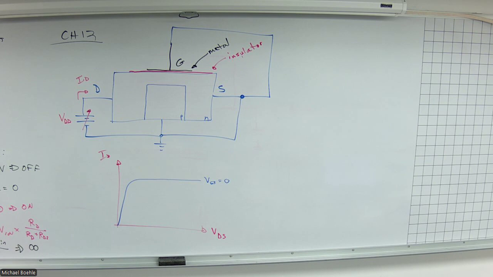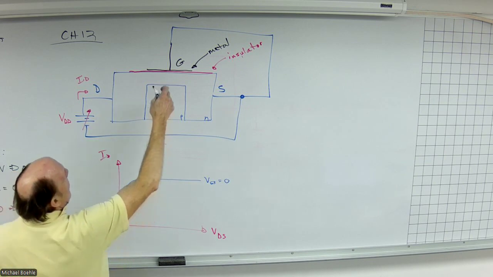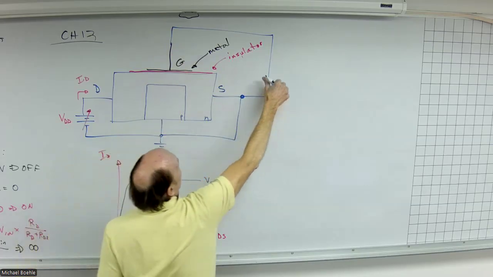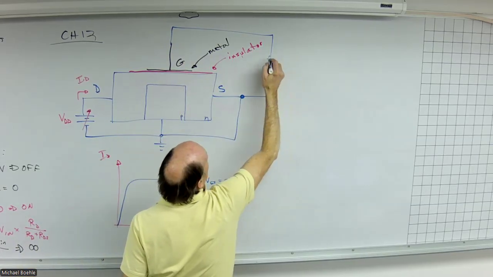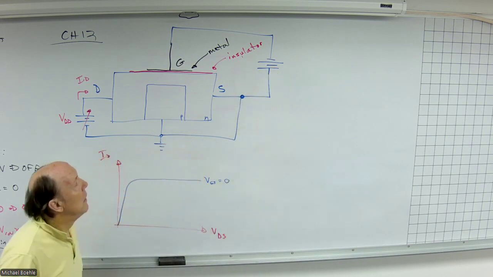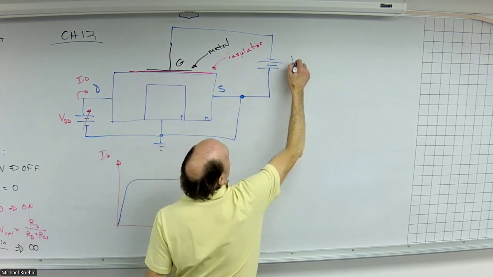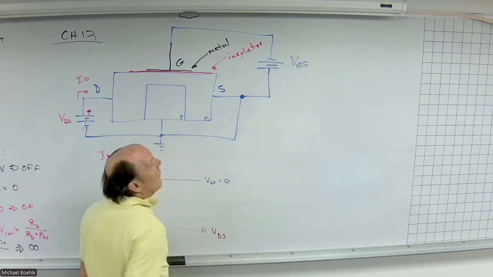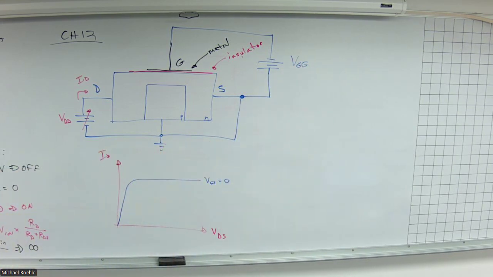Here's what happens. If I make this gate voltage negative, before I start to increase this voltage, what have I actually done?